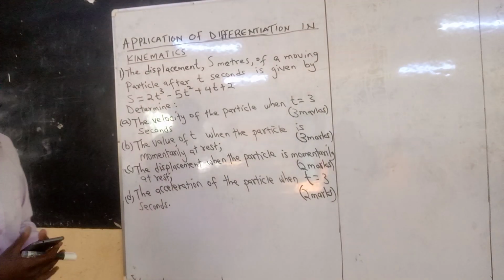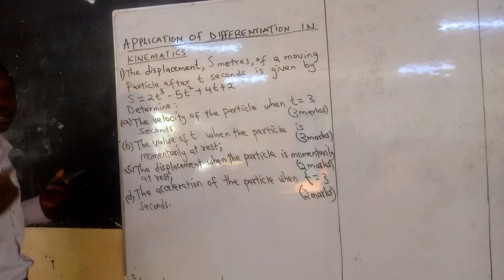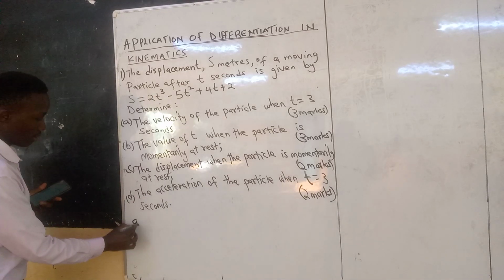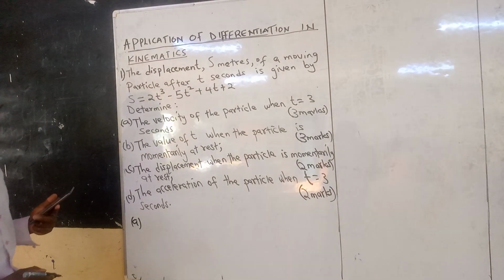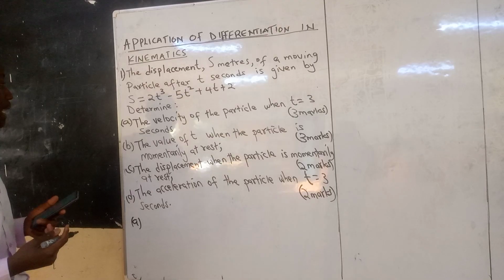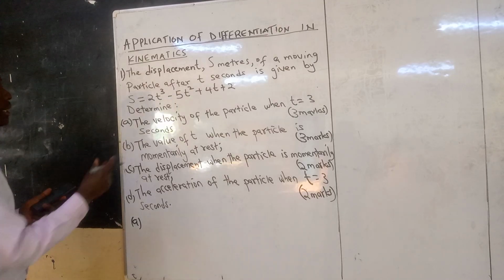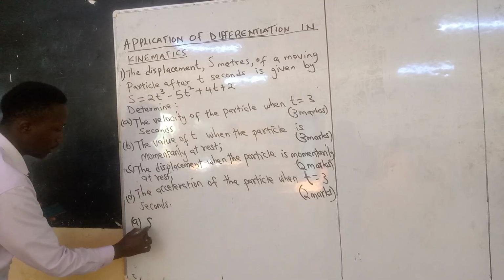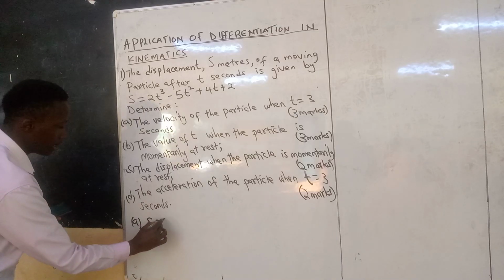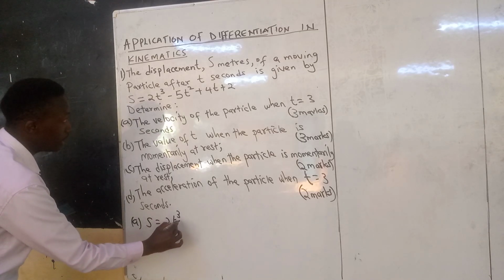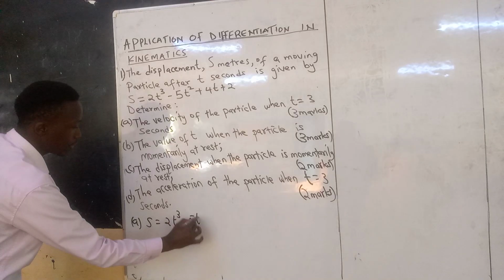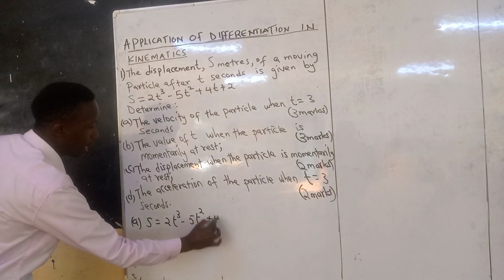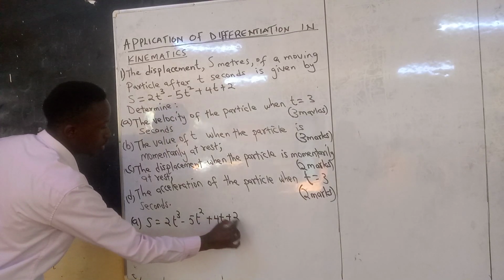So how do we go about the first question? We will start with A. In our first question A, we are being told to determine the velocity of the particle. Our equation is s is equal to 2t cubed minus 5t squared plus 4t plus 2.